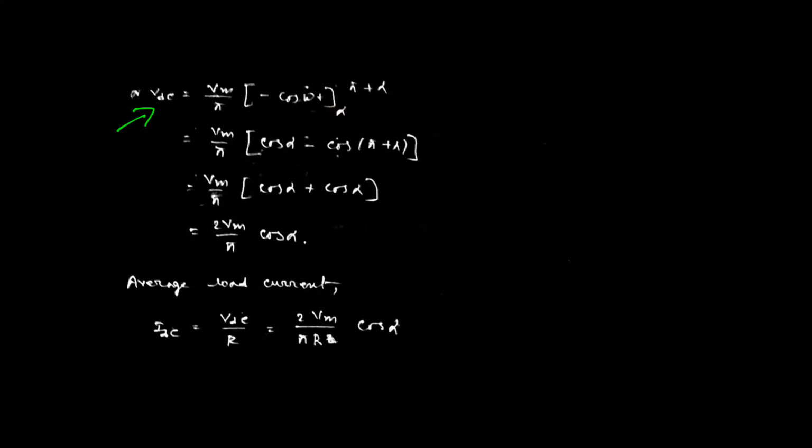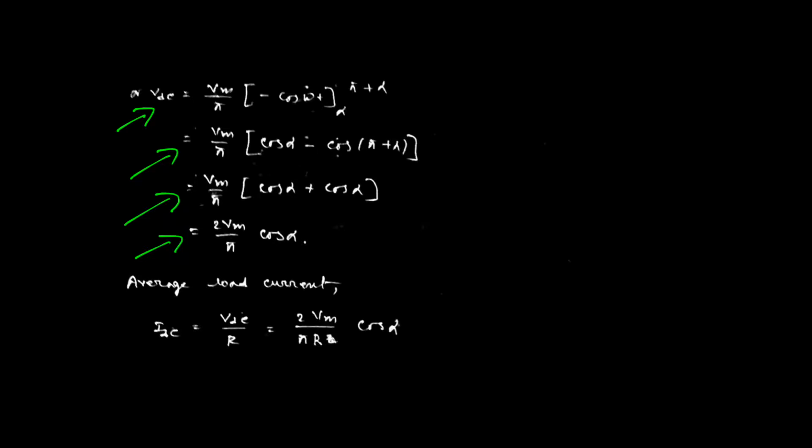So after modification we will get Vm by pi, minus cos omega t, that is cos alpha minus cos pi plus alpha, that will give us cos alpha plus cos alpha, or 2 cos alpha. So we can modify the expression to Vm by pi into 2 cos alpha, that will give us 2 Vm by pi cos alpha.